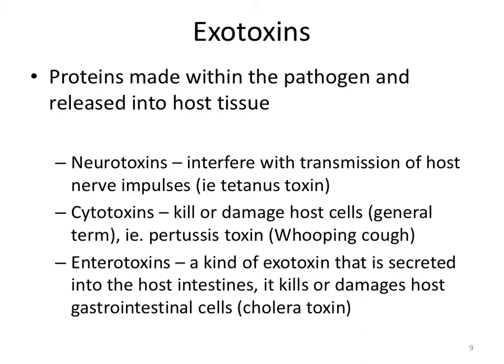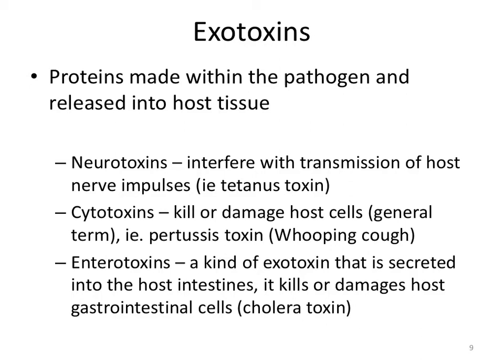And there are a few different kinds of exotoxins. There are neurotoxins, cytotoxins, and enterotoxins. Neurotoxins interfere with the transmission of host nerve impulses, for example, tetanus toxin and botulinum toxin. In the next slide, we'll look at these again. Cytotoxins kill or damage host cells.